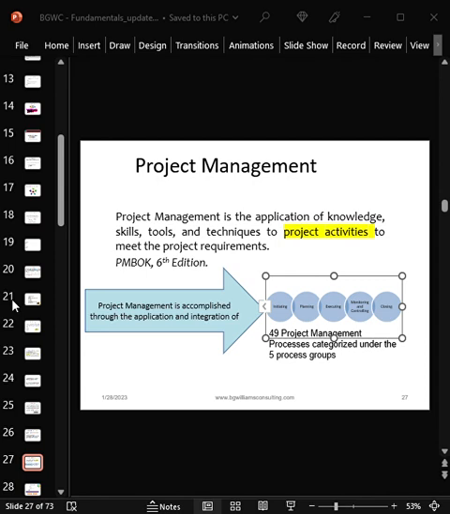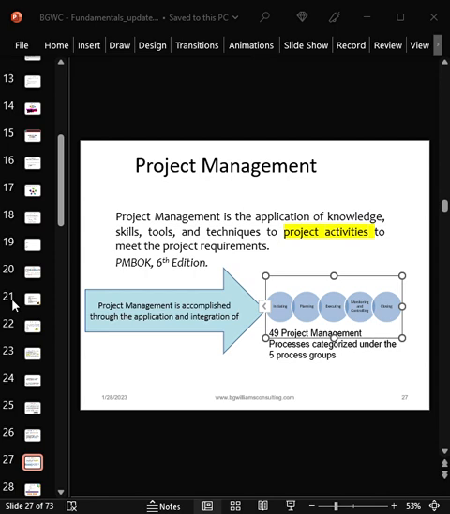The tools and techniques that I will apply as a project manager in achieving that to meet requirements is project management. So in the project management field, irrespective of whatever sector you find yourself, all I need you to focus on is getting the knowledge, skills, tools, and techniques. If you can understand that, you are good to go.